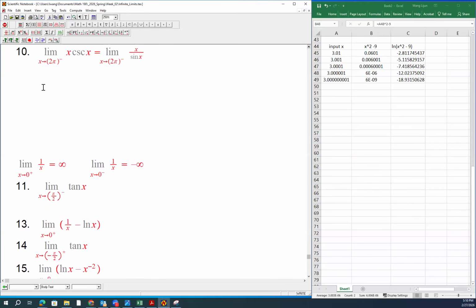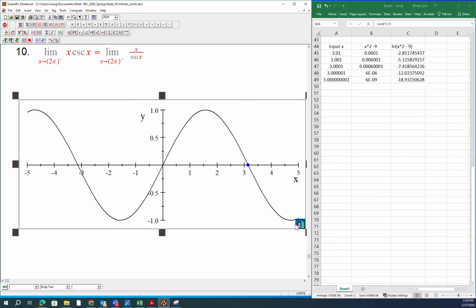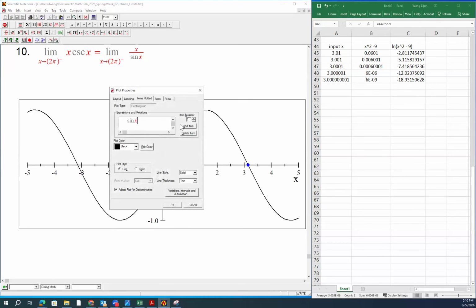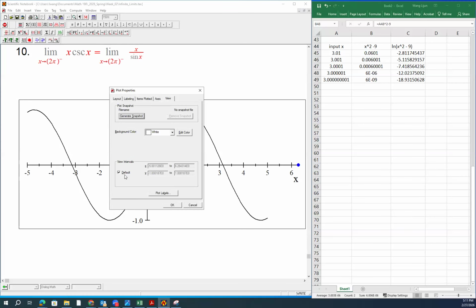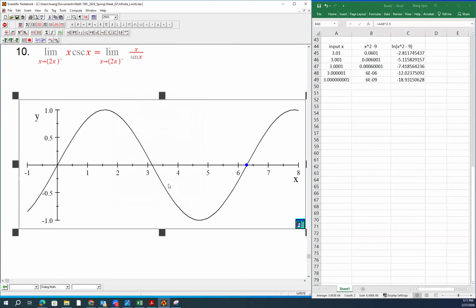But this time we need to mark 2 pi. So our picture needs to be adjusted. I'm going to make a -1 here. That point is 2 pi.